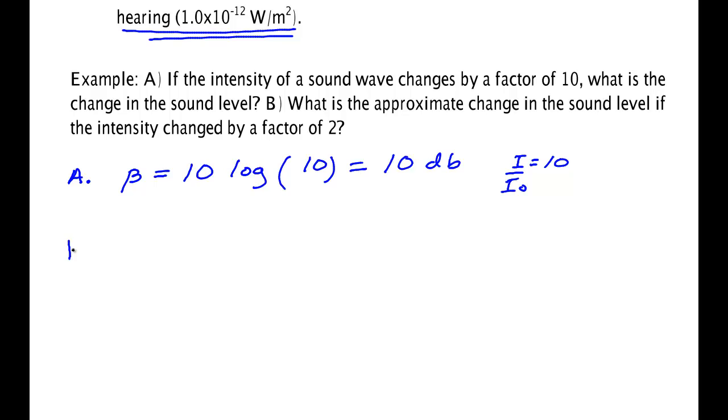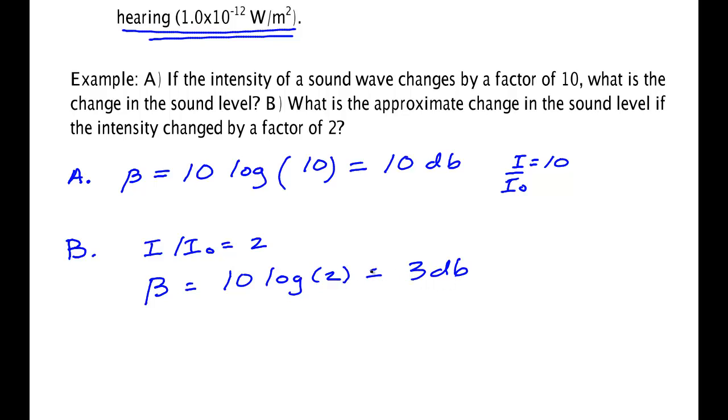Now, be careful. Let's look at the second one. If I over I naught had changed by a factor of 2, what is beta? Well, beta is 10 log of 2, and that's 3 dB. So these things are not linear, okay?